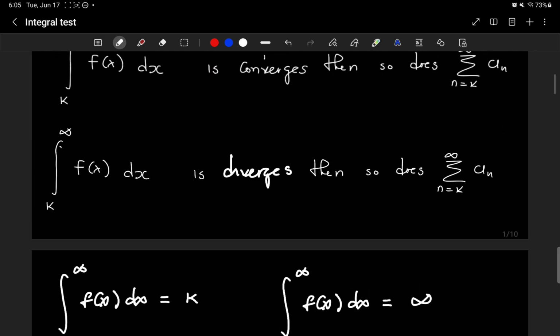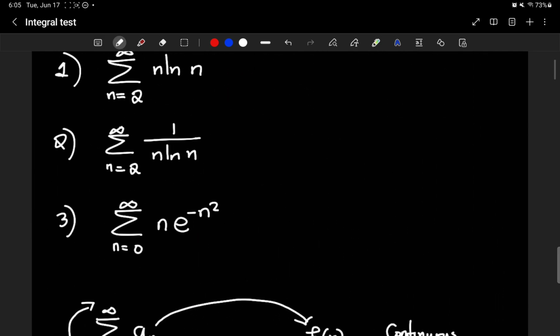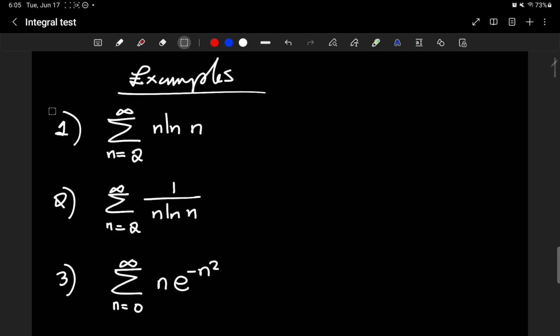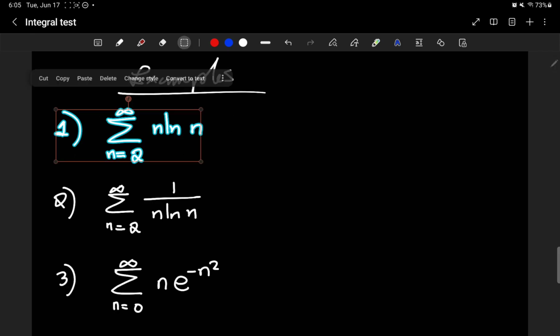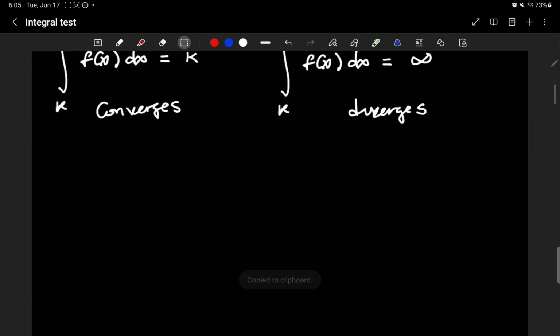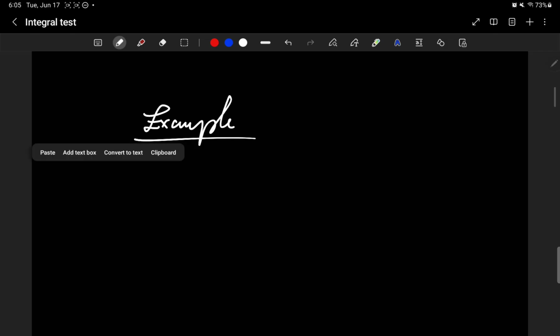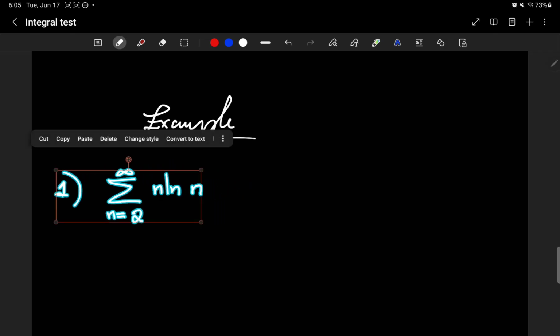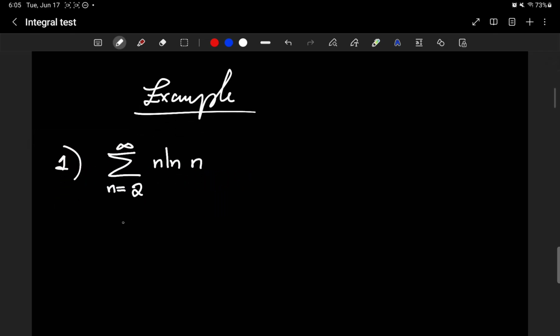Okay, so with those statements out of the way, let's see how to deploy the integral test. We begin with question 1 here. Can we use the integral test to answer whether that series converges or diverges? So let's look at this expression. Here, first we define f of x based on what an is.